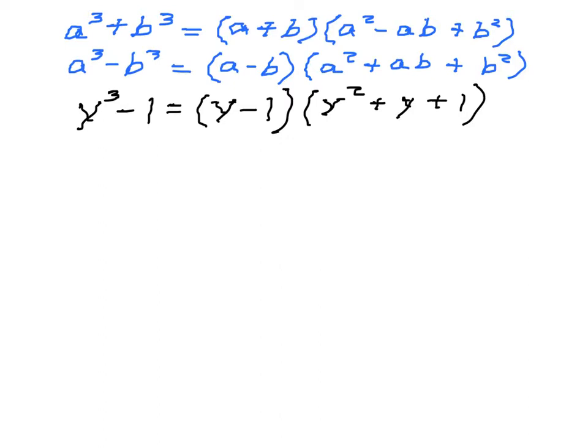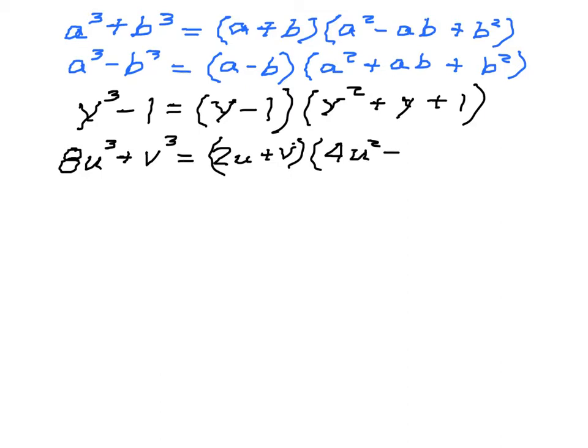And similarly, if I had 8u cubed plus v cubed, this is the sum of cubes, because 8 is a perfect cube, so therefore this would be 2u plus v times 4u squared minus 2uv plus v squared. Difference and sum of cubes.